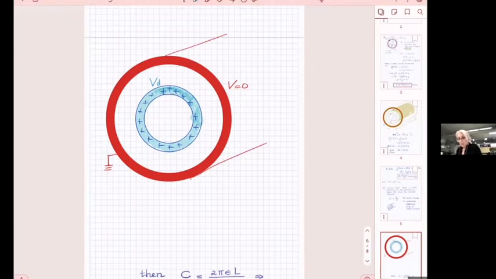What happens in practice when your conductor is just a good conductor but not perfect, and when the charges are everywhere inside this? What happens in reality? Do you have the same potential everywhere in this conductor, or is there a small variation of the potential?